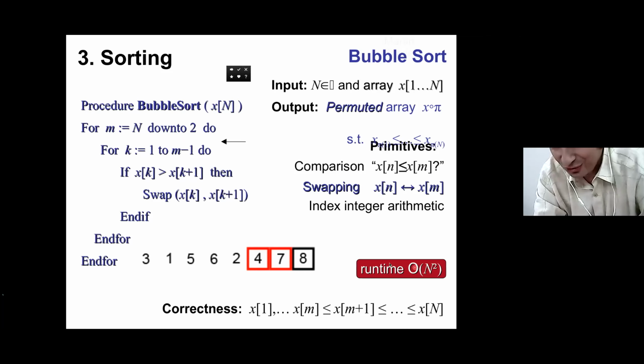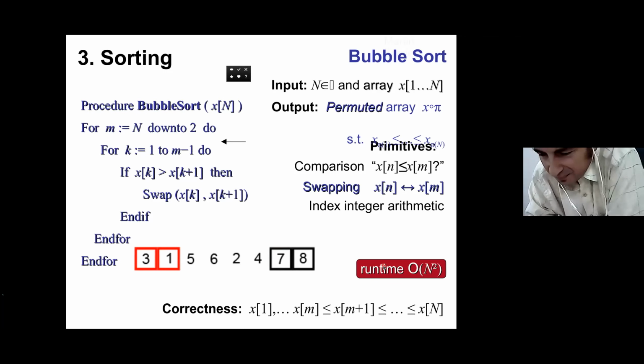It is very easy to see that if you do this in this way, then the complexity is quadratic. We will be able to do better later, but okay. So this is the first idea. So this is the bubble.